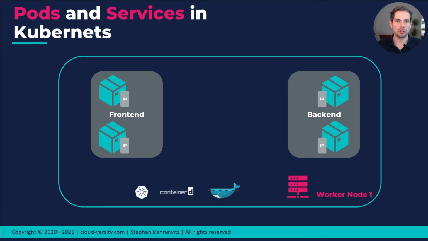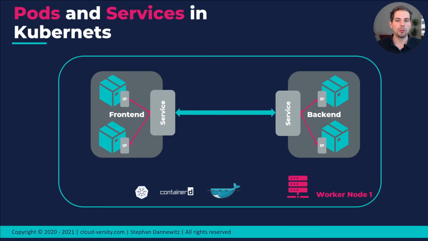Both of them consist of 2 pods. All of the pods have their internal IP, but if they scale up and down, the IP will change. But you still want to communicate between them, and that's why you need to have a service in place. The service is then capable of load balancing between the pods which are registered to the service.